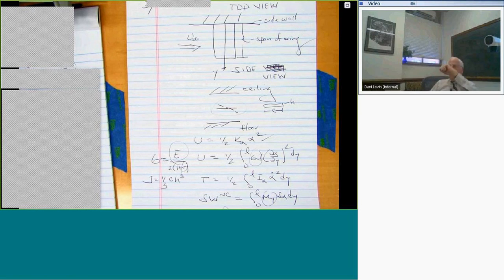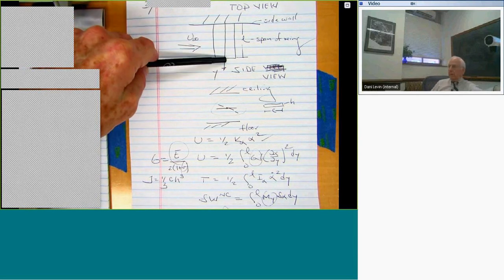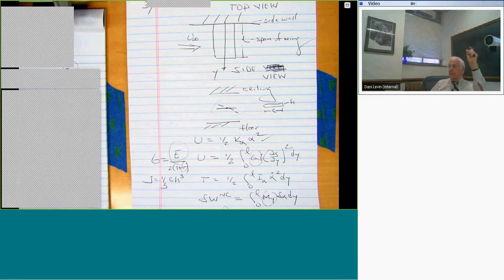And Hamilton's principle not only produces the equation of motion at no extra charge, it will produce the boundary conditions. It will produce the conditions here and here, because it's a partial differential equation, right? So we'll need boundary conditions at the two ends of the wing.